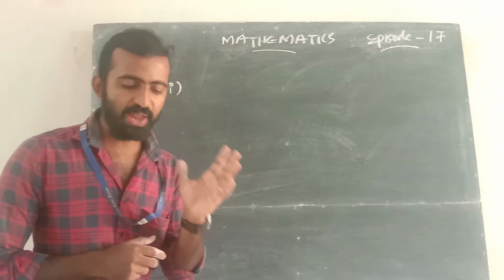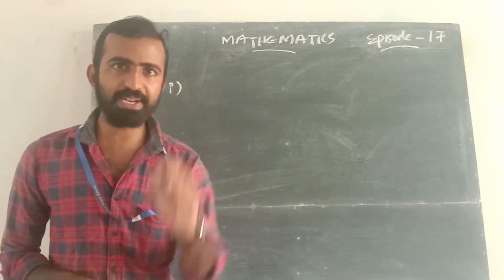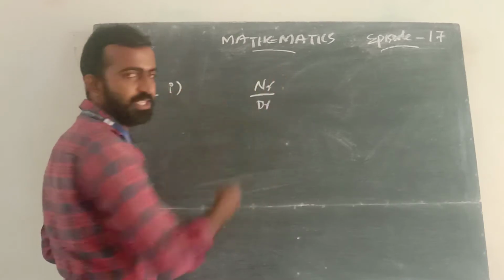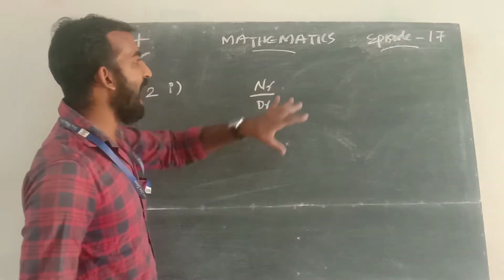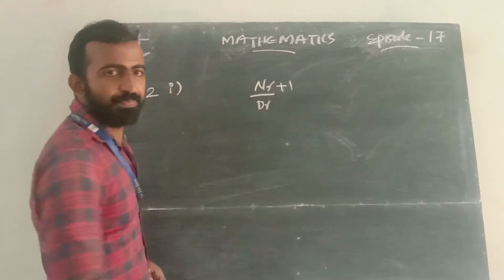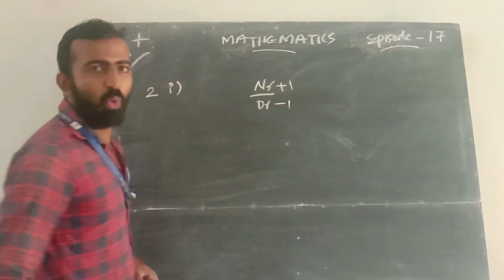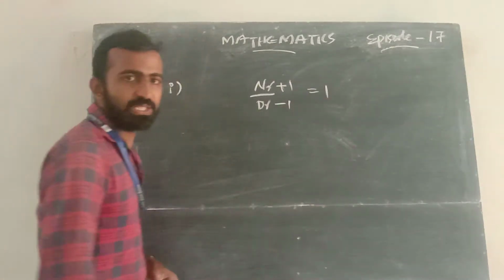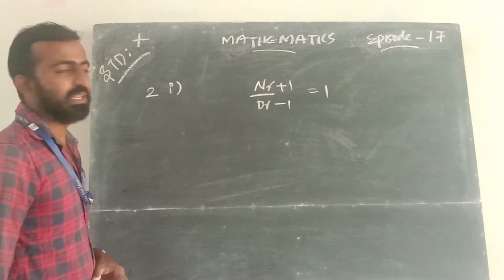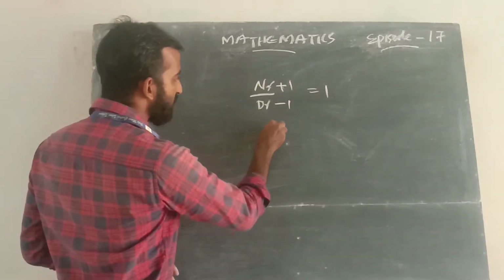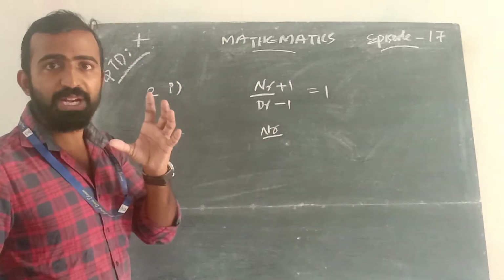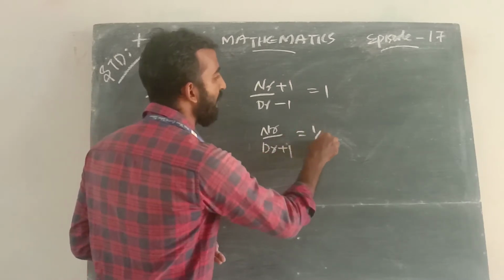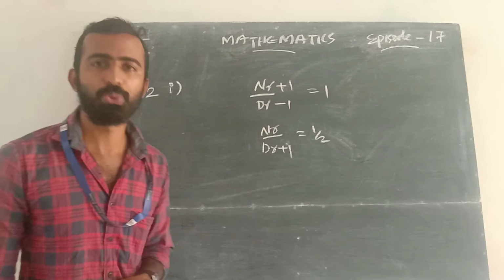A fraction has a numerator and denominator. First condition: we add 1 to the numerator and subtract 1 from the denominator, then we get 1. Second condition: when we add 1 to only the denominator, then we get 1 by 2.